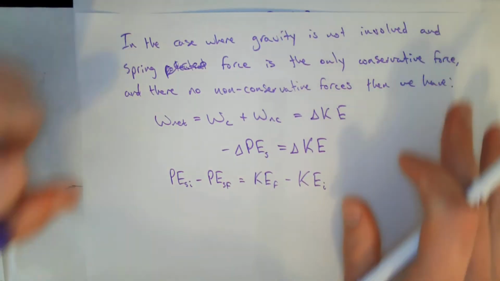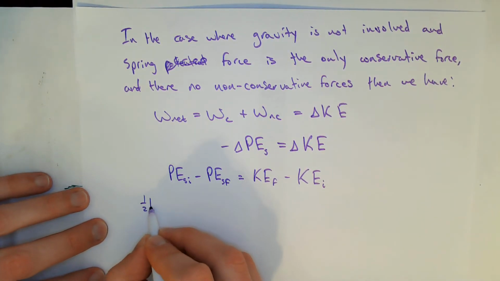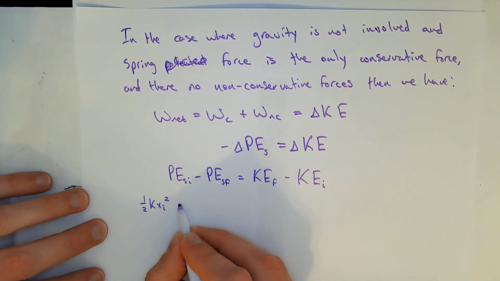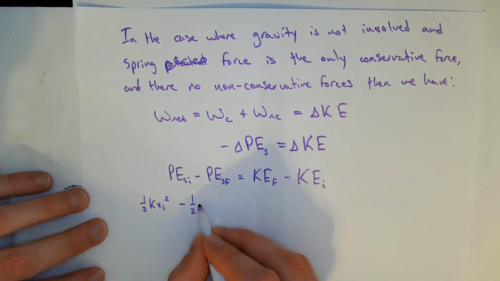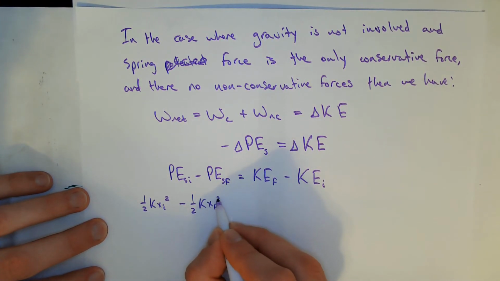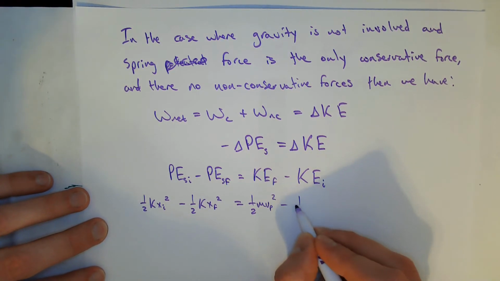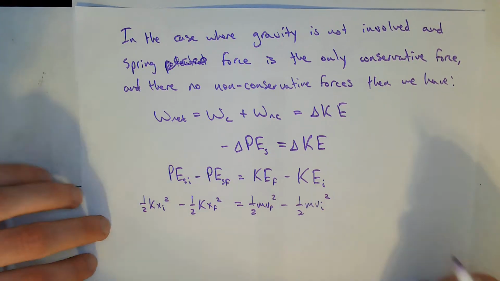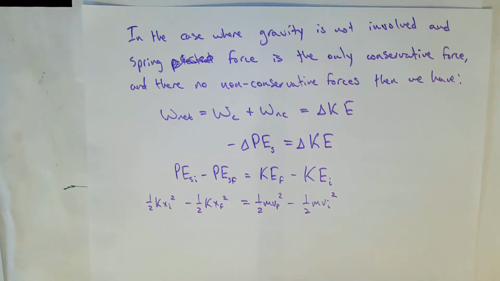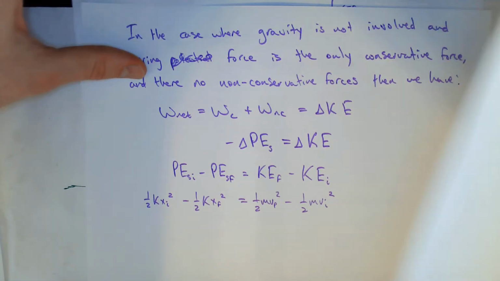So if I really expanded this fully out, this would be 1/2 k x initial squared minus 1/2 k x final squared equals 1/2 m v final squared minus 1/2 m v initial squared. All right, let's do some problems with these springs.